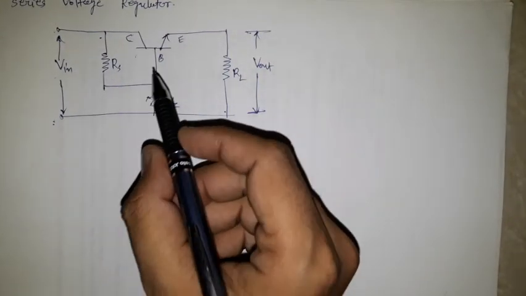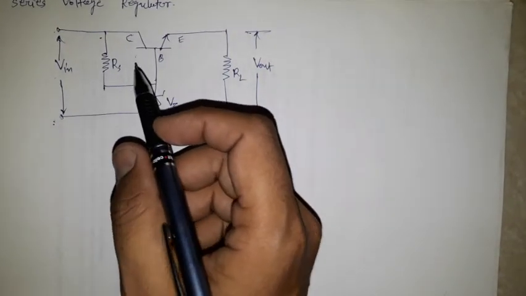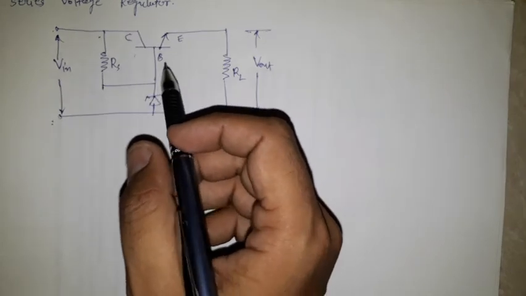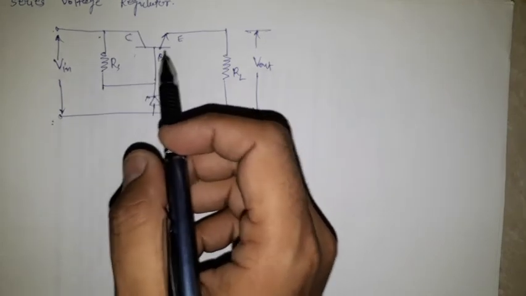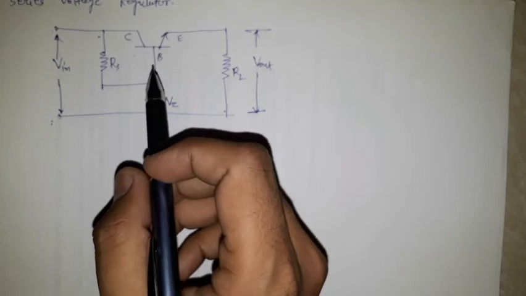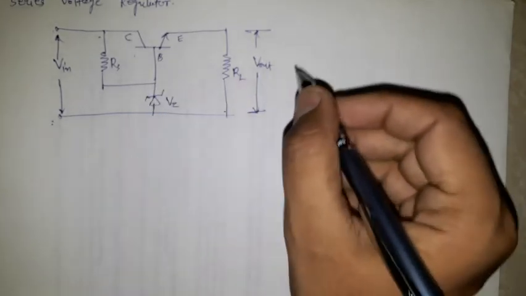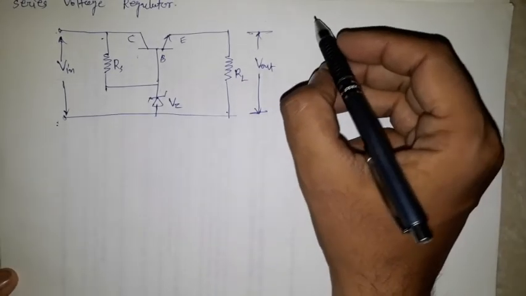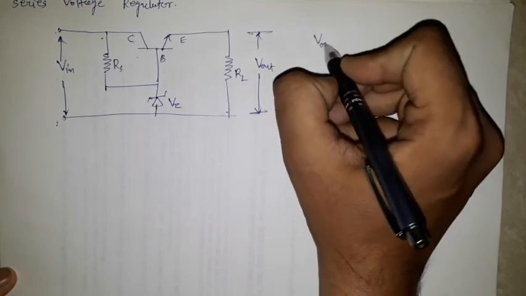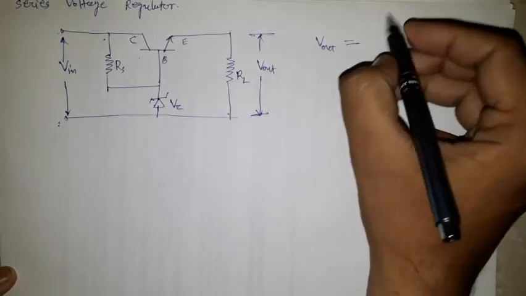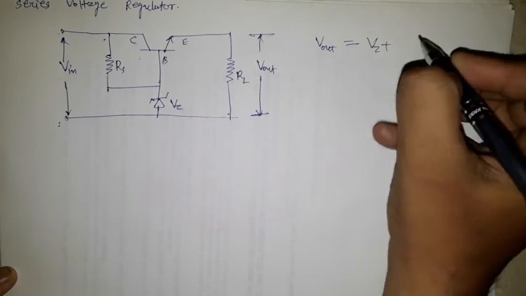The transistor of this circuit is connected as an emitter follower. That means it will follow the emitter. Therefore, you can write the equation for load voltage: V out is equal to Vz plus Vbe.